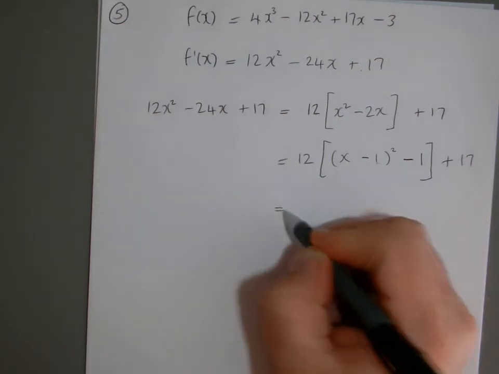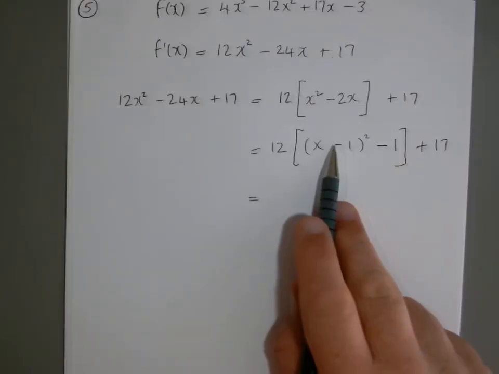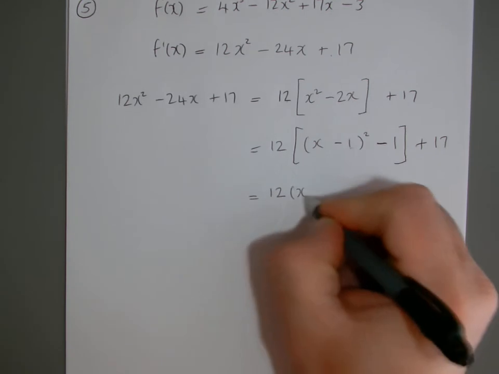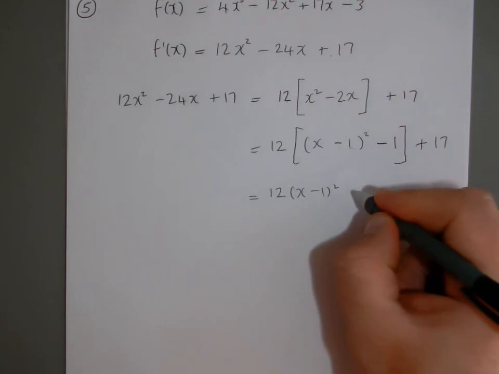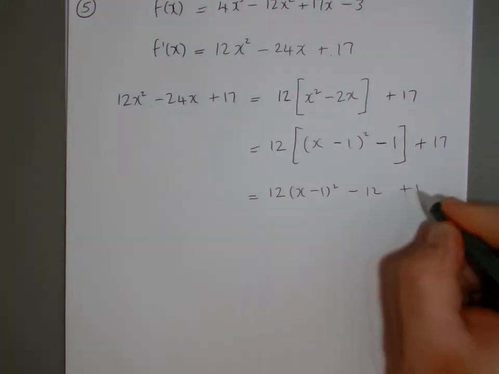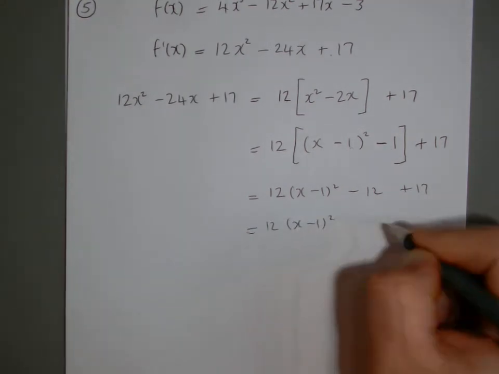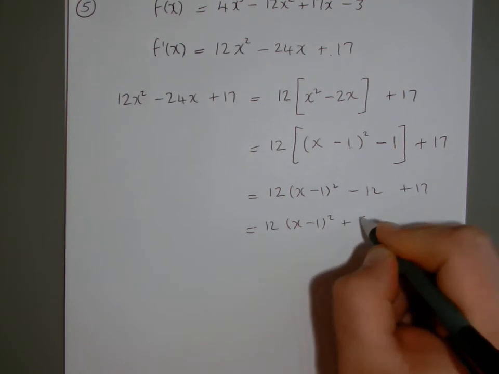Next step then, let's tidy this up, let's simplify this. So I'm going to multiply through that square bracket by 12. So I get 12 bracket x minus 1 all squared, and then times the 1 by the minus 1 by the 12 as well, so minus 12 plus 17. So I get 12 x minus 1 all squared, and then minus 12 plus 17 is plus 5.